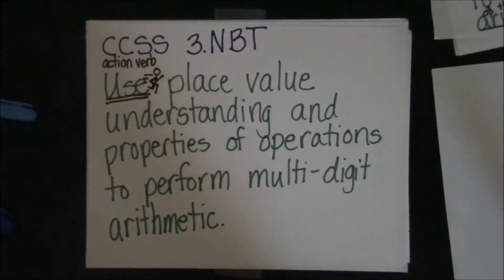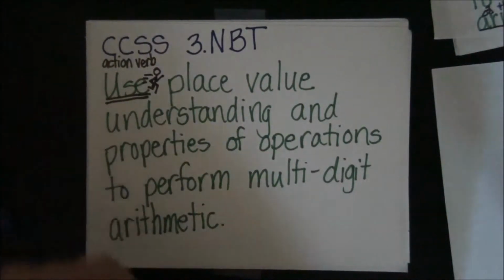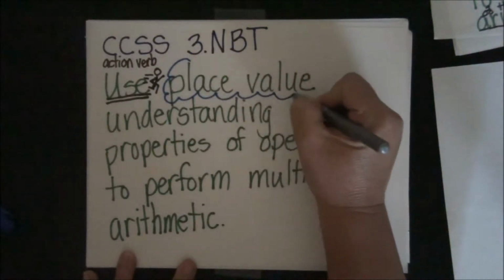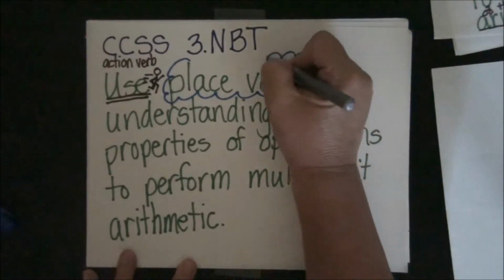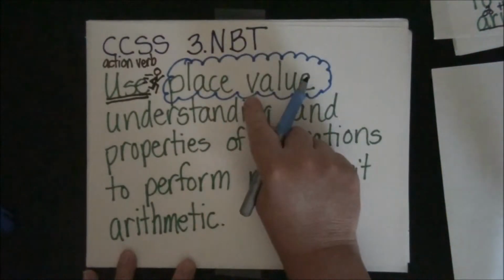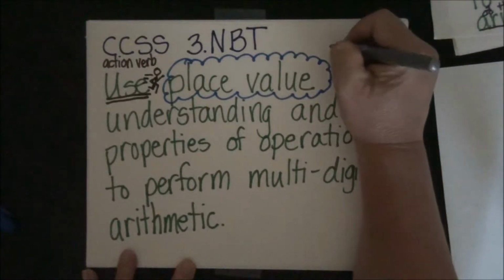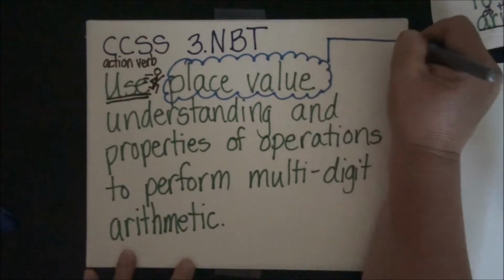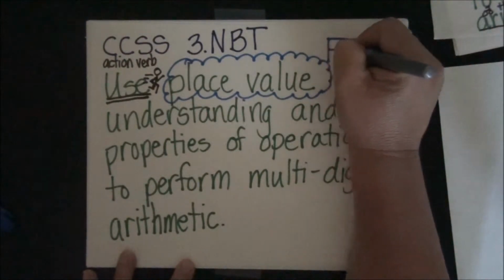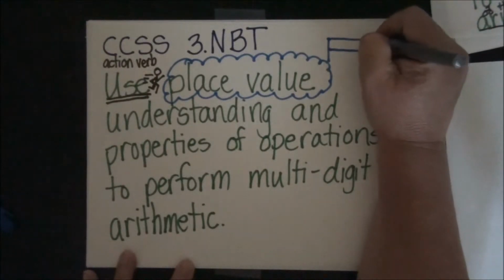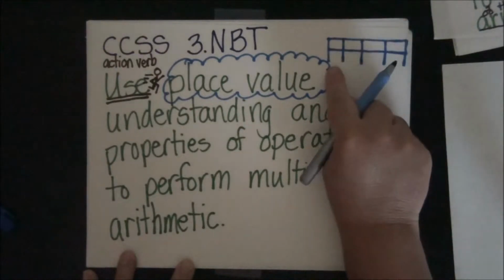Okay, let's talk about place value. Whenever you see the word place value, it's going to remind you or give you an idea. And you know how in cartoons, ideas are always in clouds. So when you think place value, you're going to think about a place value chart. And I'm going to draw one for you in a little bit. This is kind of a squishy, smallish one, but it's a bottomless rectangle.